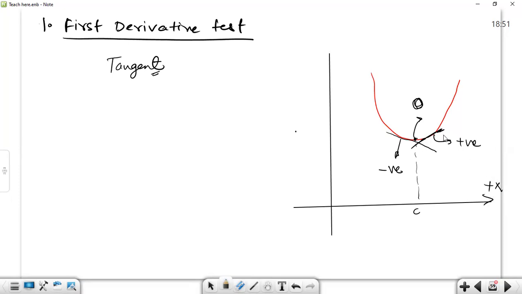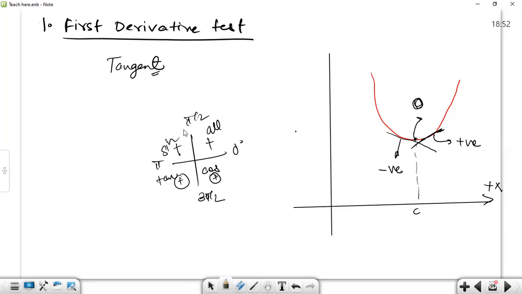So you know the property of tan. Here it is positive, and here all trigonometric functions will be positive. Here tan will be positive in the third quadrant. What is this? 0, pi by 2, pi, 3 pi by 2. And here cos would be positive.